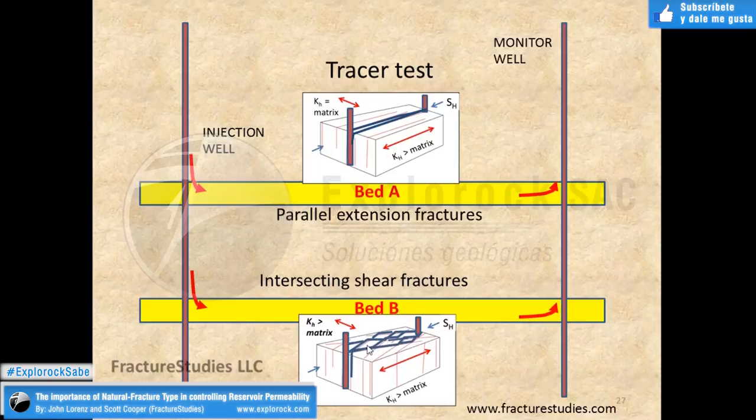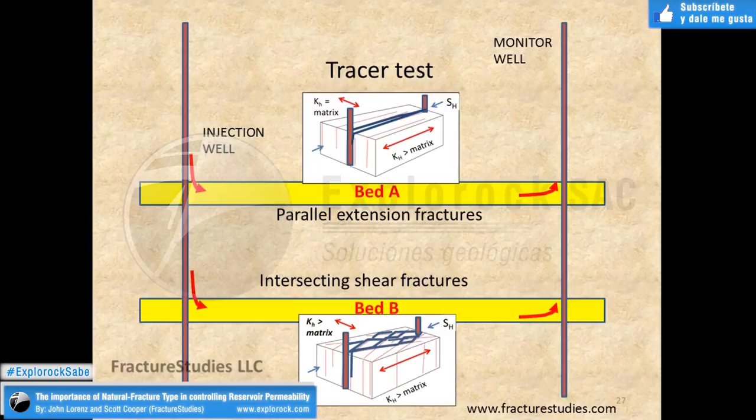So for bed A, I see a pretty direct line of fluid flow, the blue line indicating fluids flowing from our injection well on the left to our monitor well on the right. I would expect from the conceptual model that we'd get a quick breakthrough of the tracer and that it would flush through the fractures relatively quickly.